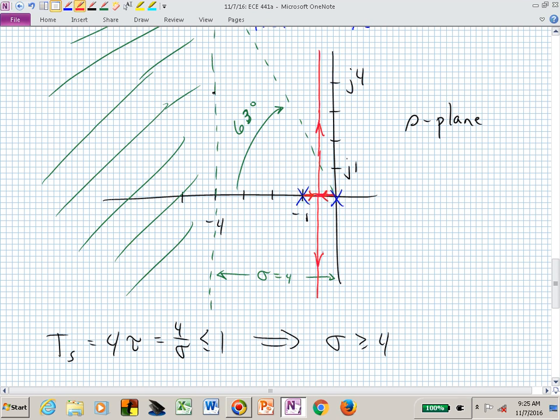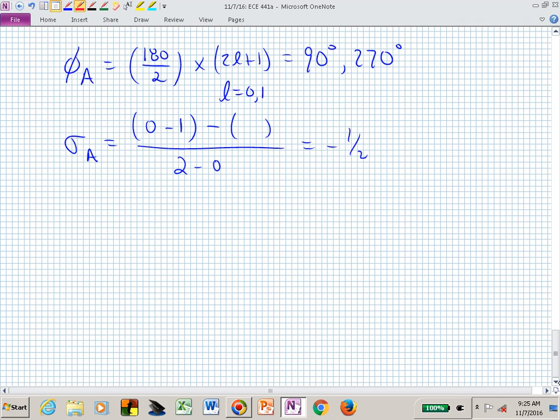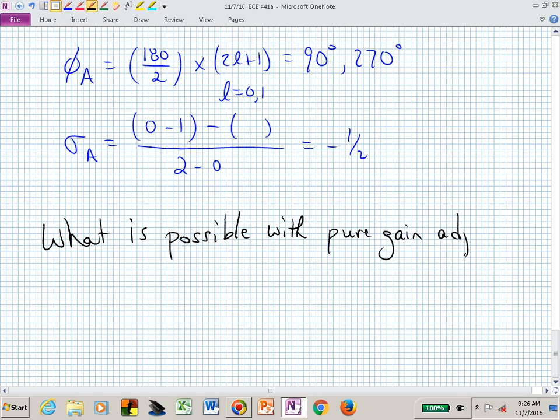Does the red go through the desired region from our design specifications? No. So we can't achieve the design specs with just a pure gain controller. And that's what we hopefully just made clear. Here we found that what is possible with pure gain adjustment is not going to get us what we want in terms of our design specifications.